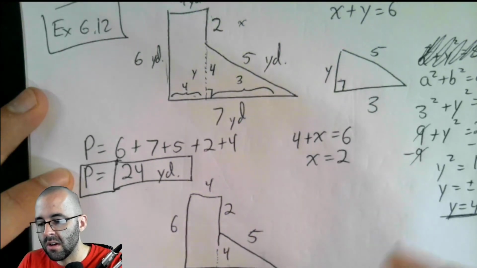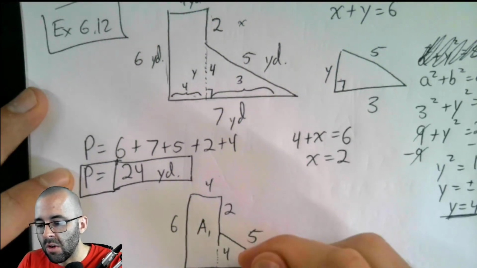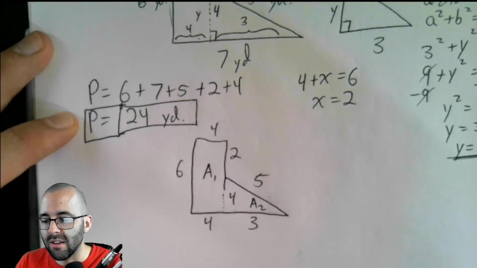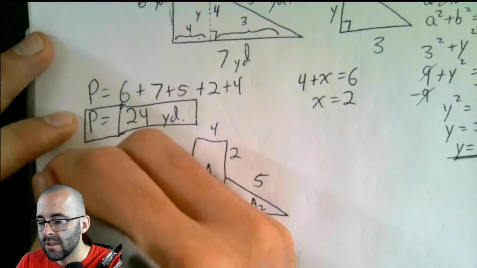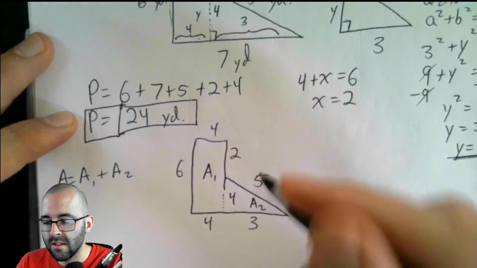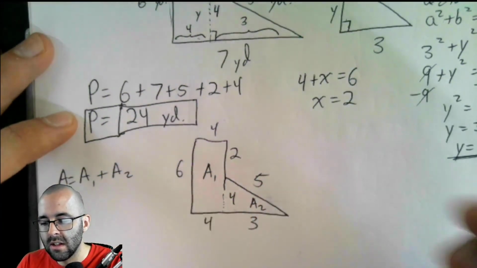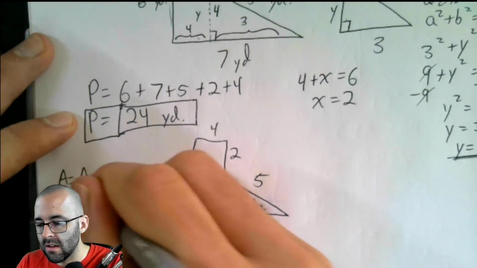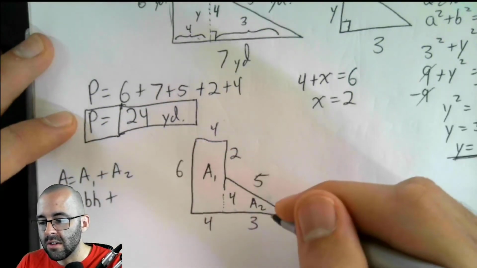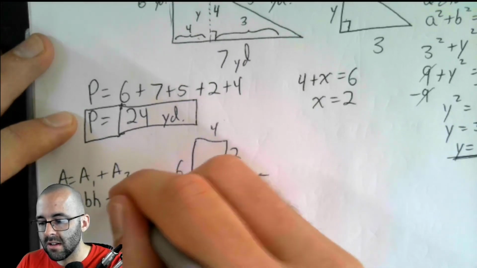This part is 4. So the area of the whole thing is going to be the area of the rectangle plus the area of the triangle. Okay? So our area is going to be the area of the first thing plus the area of the second thing. Area of a rectangle is base times height. Area of the triangle is 1/2 base times height.